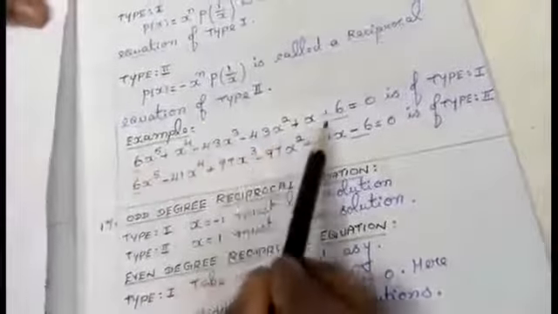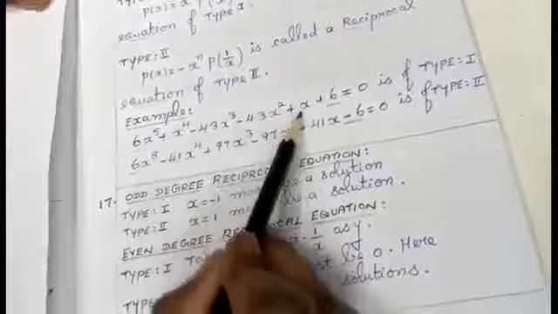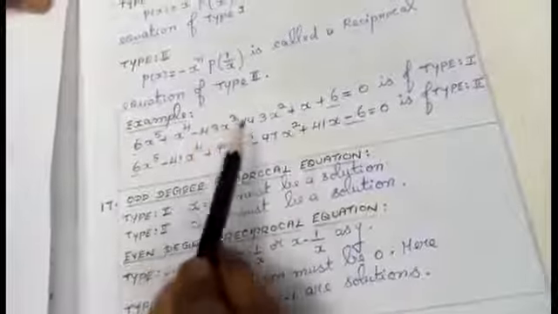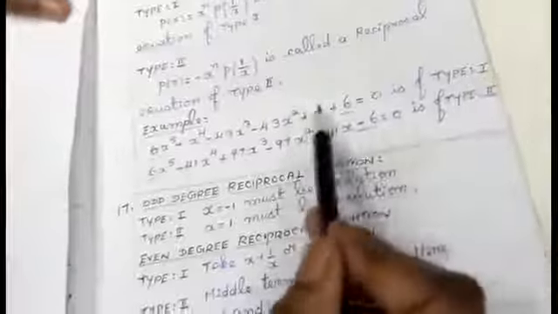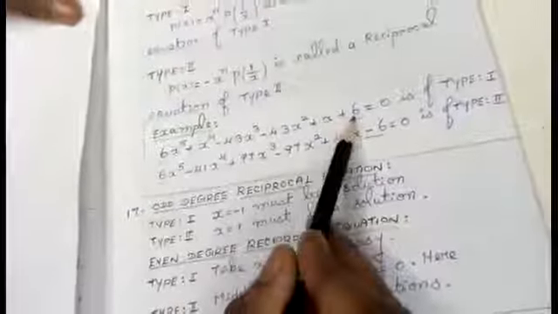The last one, see the coefficient plus 6. Both are positive. Coming to the second one, plus 1, plus 1. Minus 43, minus 43. So it's of type 1. If the coefficients match from first to last with the same sign, it is type 1.